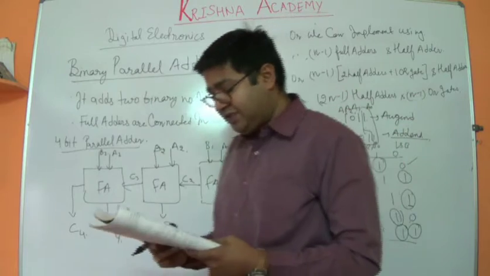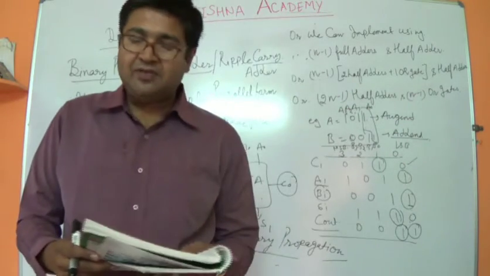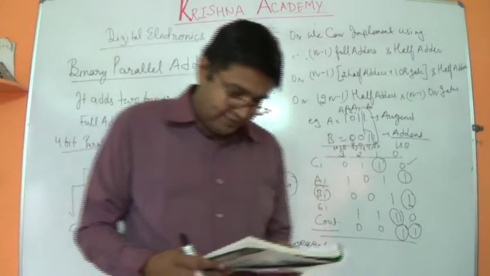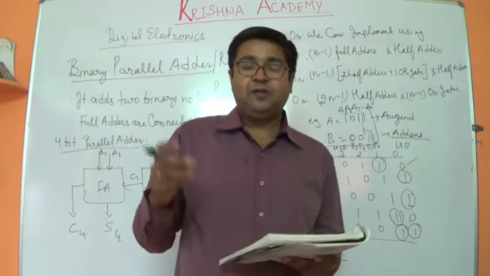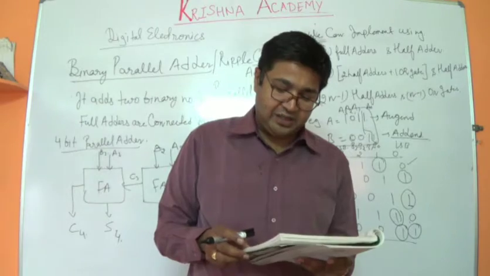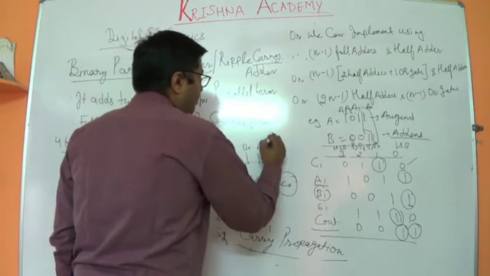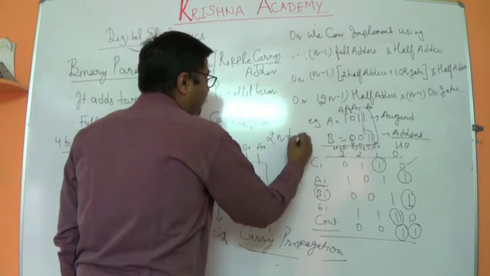Now, with this problem, can we calculate that particular delay? Yes, we can do it. If we have an n-bit parallel adder, the minimum delay to provide the final result is equal to 2n TPD.